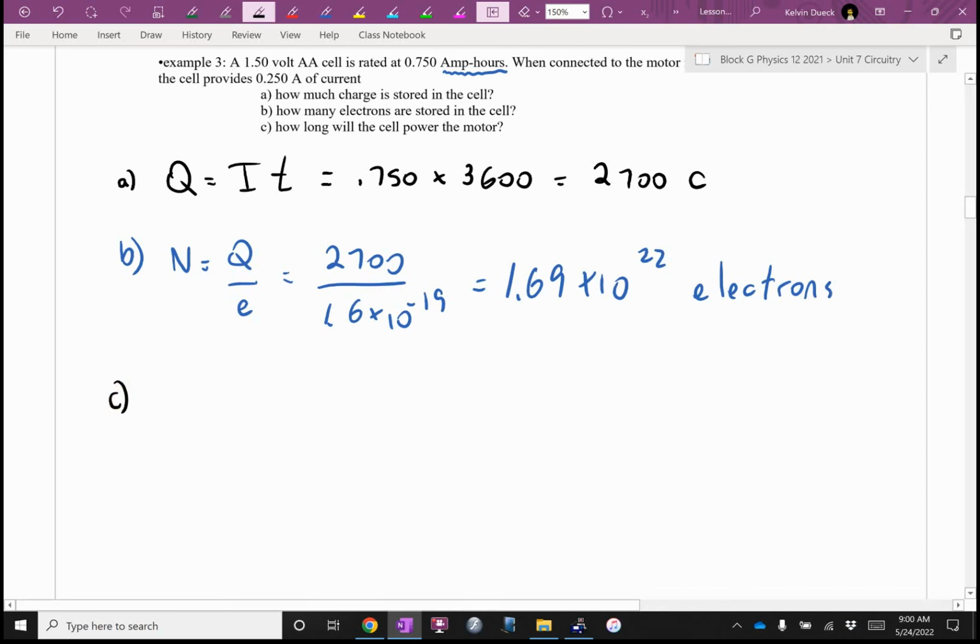George, what does C want me to find? How long will the cell power the motor? Okay. Well, if current is charge over time, get the time by itself.